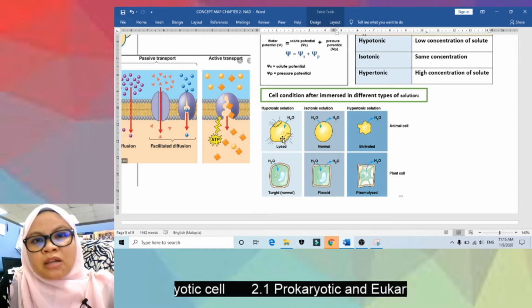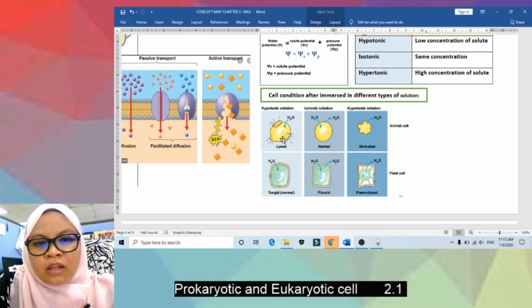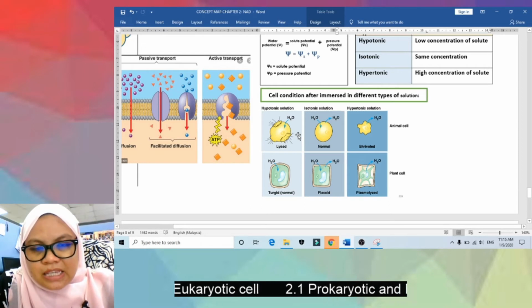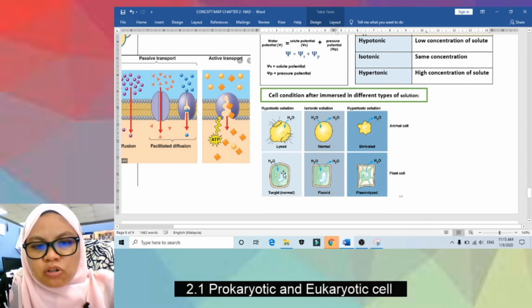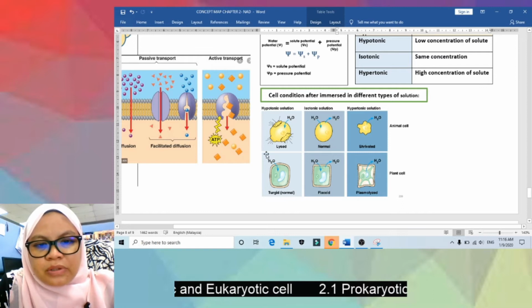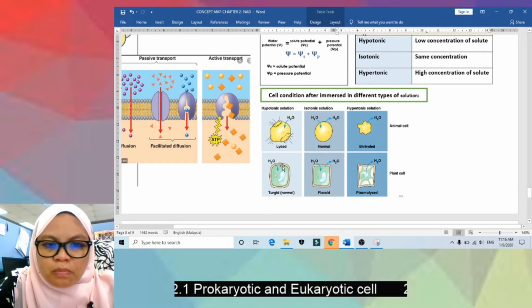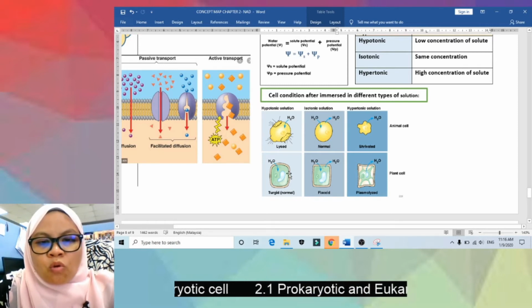Why can the cell burst? Because in an animal cell there is no cell wall. Okay, so this condition we call lysis. Compared to the plant cell, when the plant cell is immersed in hypotonic solution, water from the hypotonic solution will diffuse into the cell, and then the cell will become turgid, where the cytoplasm and the vacuole enlarge, and it will press tightly against the cell wall.